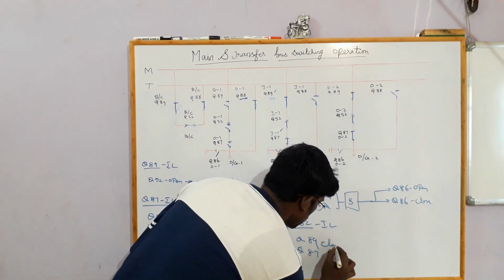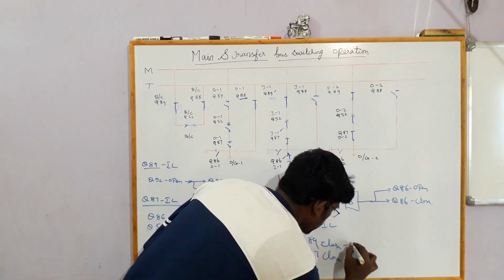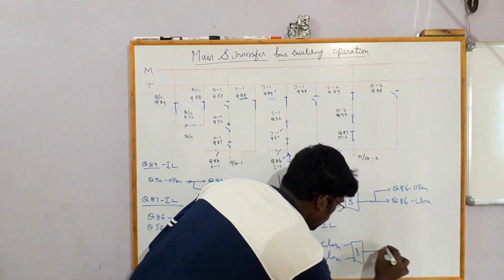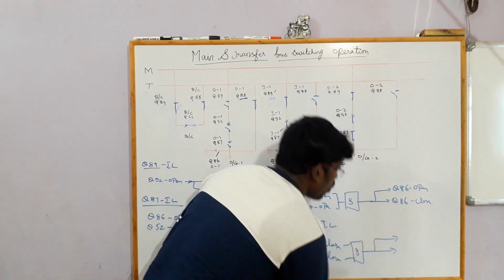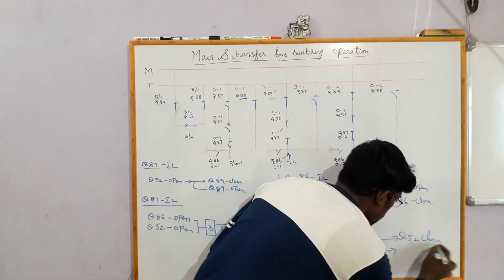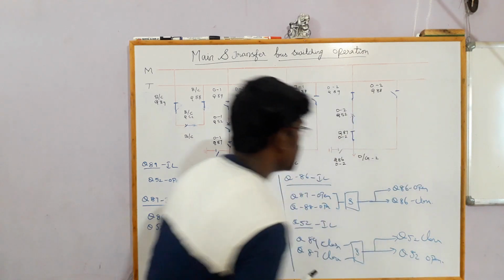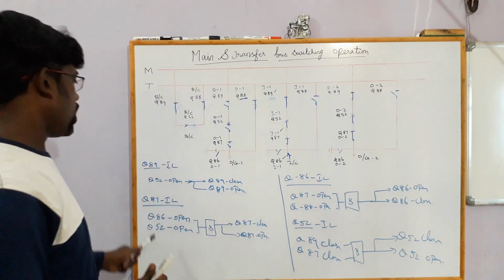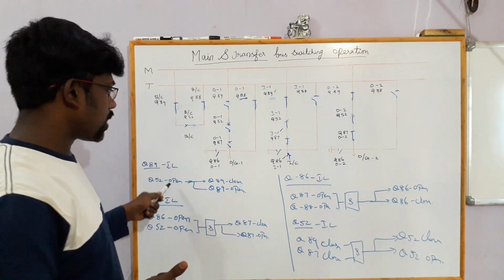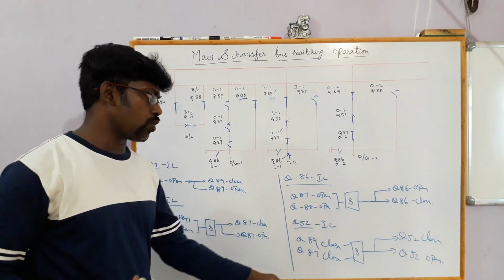Both should be in AND and we are going to have an interlock. Q52 close, Q52 open. For all isolators, the condition we took is open, open, open. For the breaker it is closed.